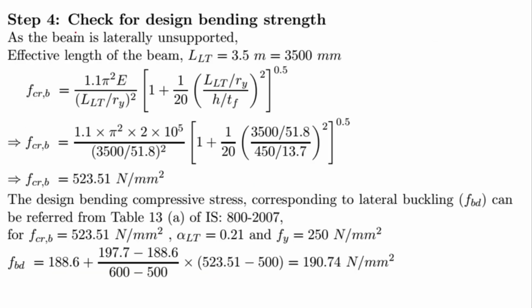In step 4, we have to check for design bending strength. As the beam is laterally unsupported, first I shall calculate the effective length of the beam, LLT. It is equal to the actual length of the beam, which is 3.5 meter or 3500 mm.